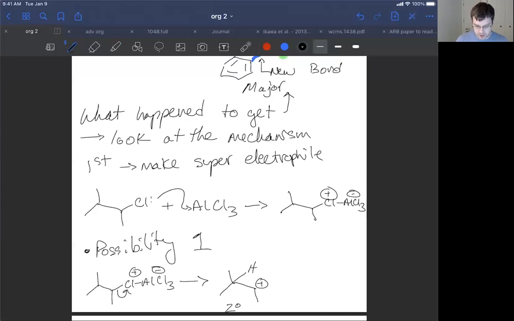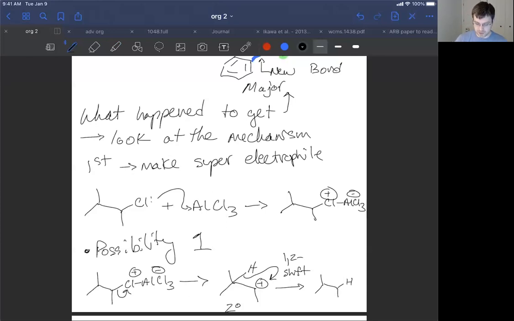But it turns out that there's a hydrogen next door that can actually do what's called a 1,2 shift, to give an intermediate where the hydrogen is now moved over one position. It's moved over to that positive charge and neutralized it.